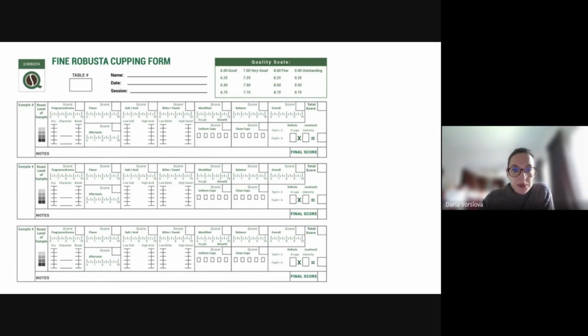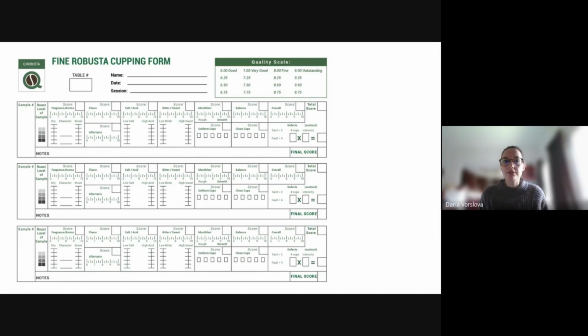This is how it works. We should give the opportunity to farmers who grow Robusta as well, not only to farmers who grow Arabica, because we have regions like Vietnam, India, Indonesia, Brazil, and Mexico where farmers grow Robusta.